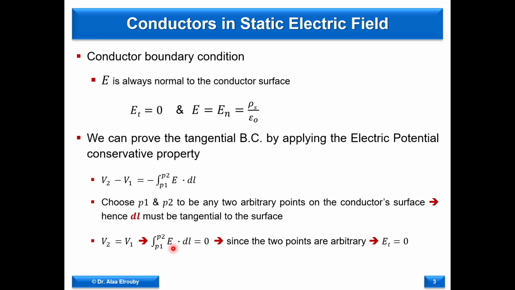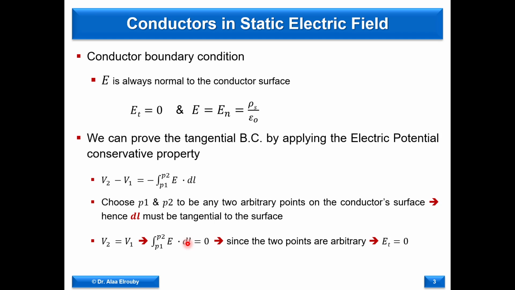In order for this integration to equal 0 all the time, for any point B1 on the surface and any point B2 on the surface, we know that dL is tangential to the surface. Then the only mathematical solution is for E to be normal to dL at all the points. So E must be normal to the surface.